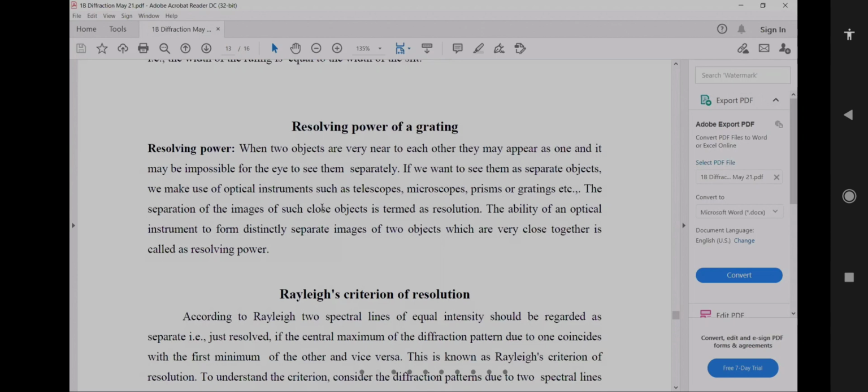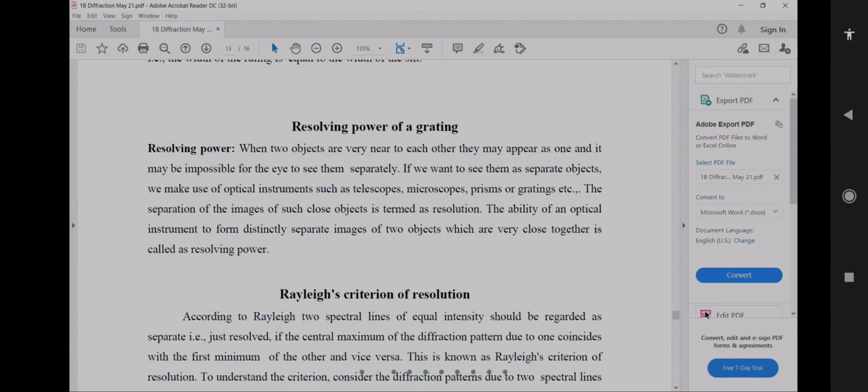If we want to see them as separate objects, we make use of optical instruments such as telescopes, microscopes, prisms, gratings, etc. The separation of images of such close objects is termed resolution. The ability of an optical instrument to form distinctly separate images of two objects which are very close together is called resolving power.